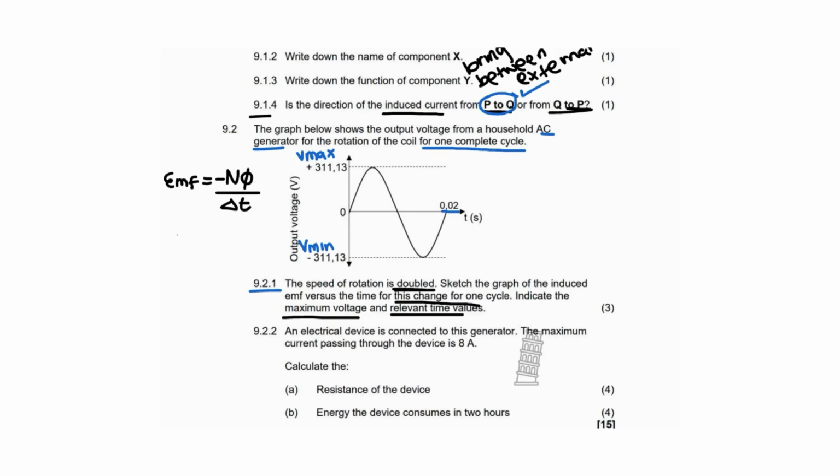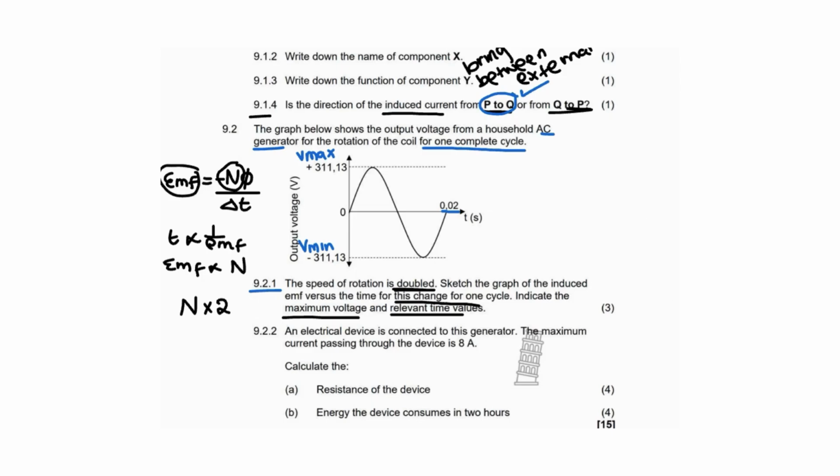Let me just write that also. Time is inversely proportional to EMF, and EMF is directly proportional to the number of rotations. So what we are doing here is we are taking the rotations and doubling them. If you double the rotation, because it's directly proportional to EMF, it means you also double.